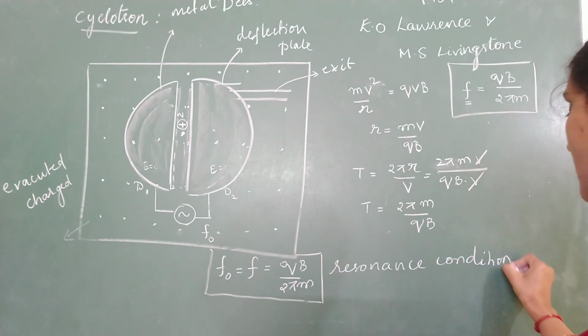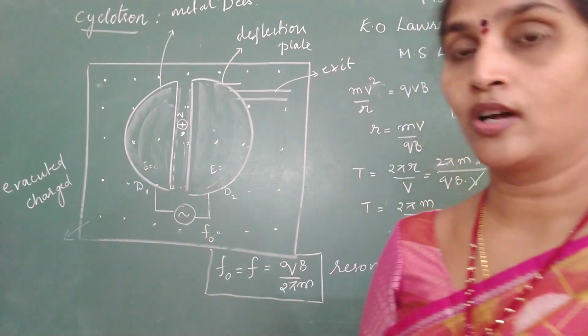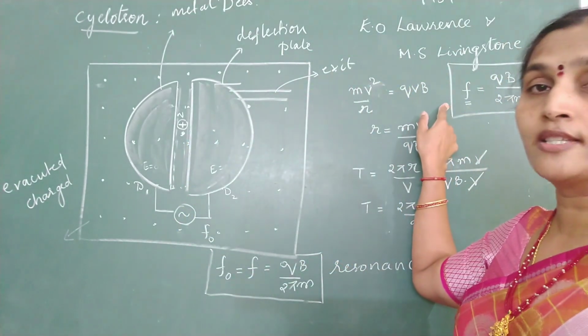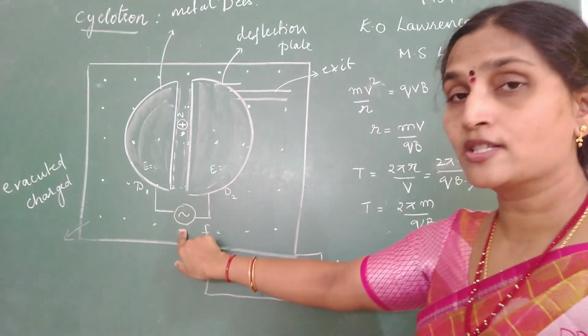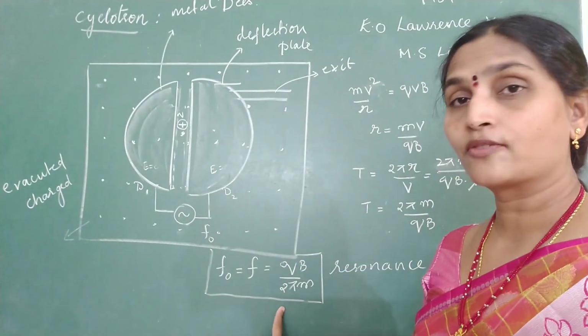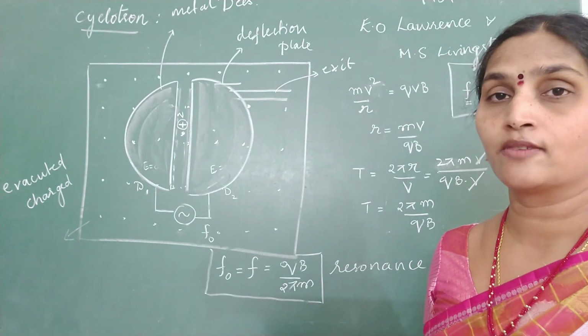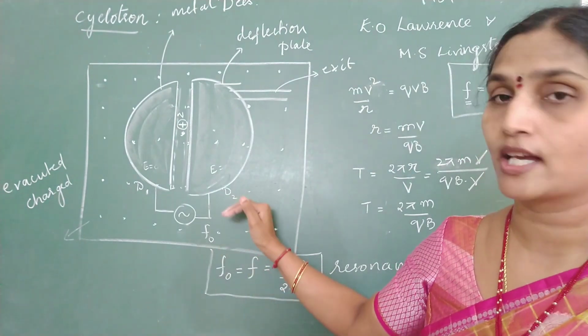Before you start the cyclotron, choose the particle which you have to accelerate, calculate its frequency in a magnetic field, and keep the frequency of the oscillator same as the frequency of revolution of the charged particle. This is the basic condition required for making use of this cyclotron.